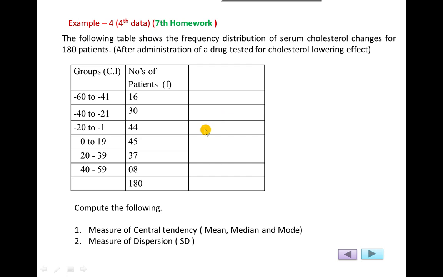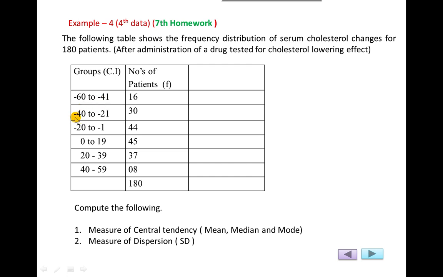Procedure is the same as the previous 3 examples, but here you have minus values and plus values. Method is the same. Find the difference of the next lower value of the interval and the previous upper value. Because minus 40 is a greater value than minus 41.